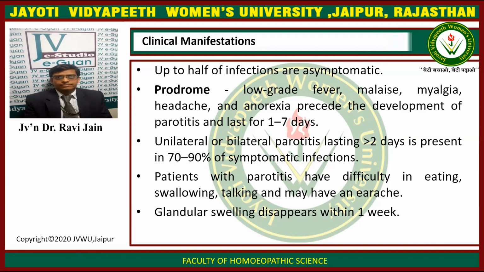There is unilateral or bilateral parotitis lasting for greater than 2 days, present in 70 to 90% of symptomatic infections. The patient with parotitis has difficulty in eating, swallowing, talking, and may have an earache. There is glandular swelling which disappears within 1 week.